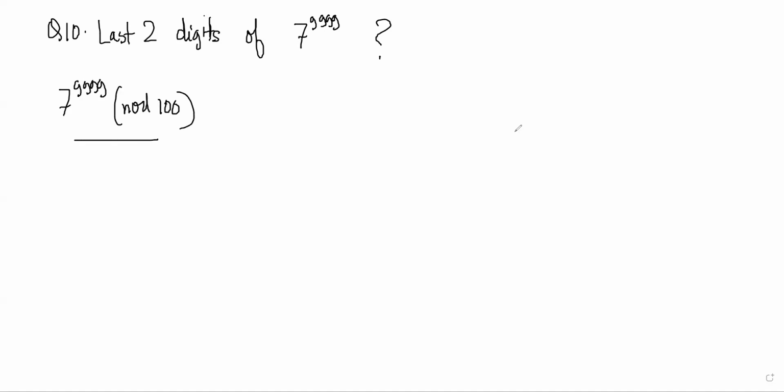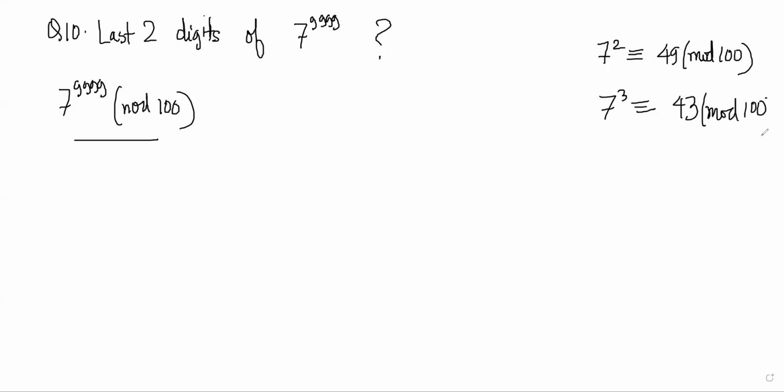So what we can say is 7 square is congruent to 49 mod 100, and 7 cube is congruent to 43 mod 100, because it was actually 343. So mod 100 is 43, and 7 power 4 is congruent to 1 mod 100, which is useful because 7 power 4 was 2401. Mod 100, that is simply 1.